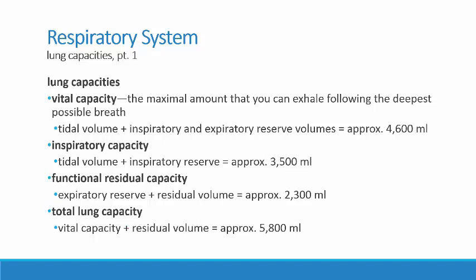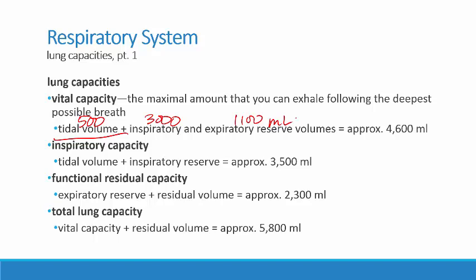And this is the total amount that you can breathe out after you've breathed in everything that you can breathe in. So it's the tidal volume, which would be about 500 mils, half a liter, plus the inspiratory reserve volume, which, remember, was about 3,000 or 3 liters, and the expiratory reserve volume, which was about 1,100 milliliters.